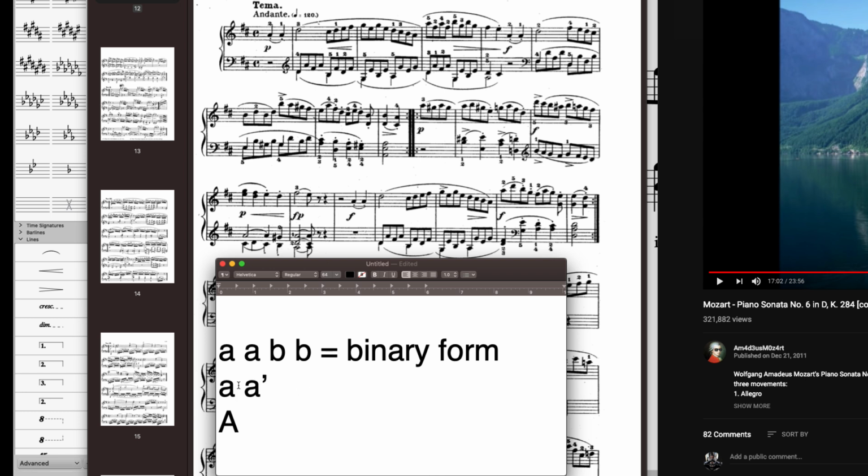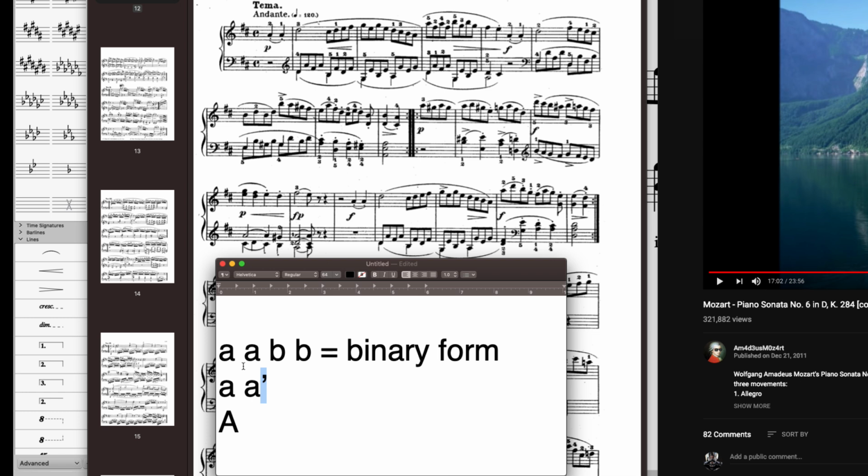So we notate that by saying A prime. The little apostrophe means it's A, but there's something different about it. So we're zooming in a little bit more, because now we're dividing this in half. So now we're saying A is just the first 4 bars, and A prime is the second 4 bars.